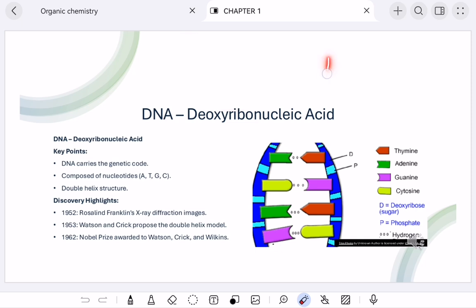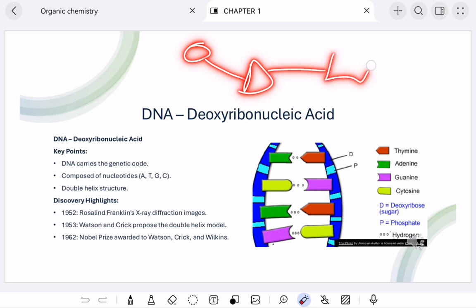The nitrogenous base, which is part of the nucleotide, is made up of different molecules, which are thymine, adenine, guanine, and cytosine, right? This part of the nucleotide will always differ.